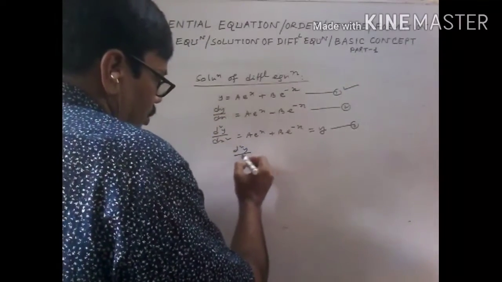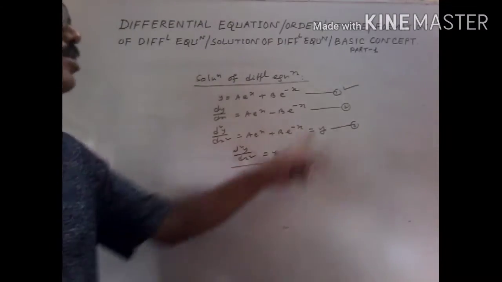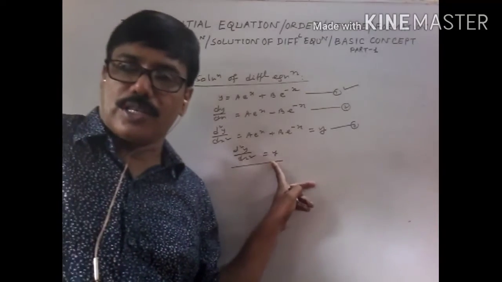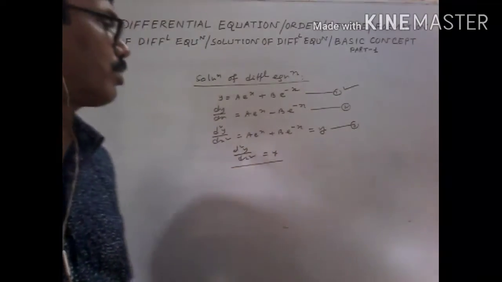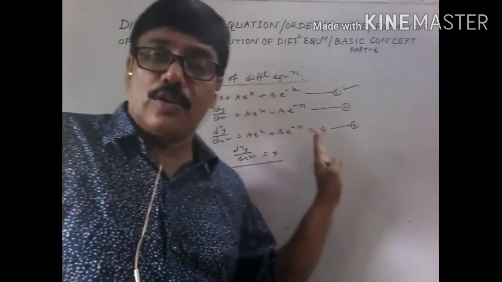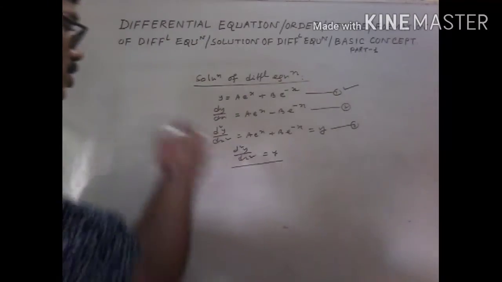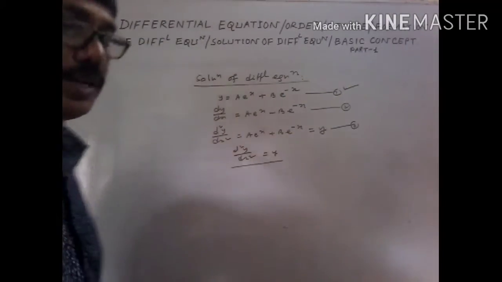And what is the differential equation? The differential equation is this. Now 1 satisfies the given differential equation. 2 also satisfies the differential equation. So whether 2 is a solution or not. So what is the definition of solution?